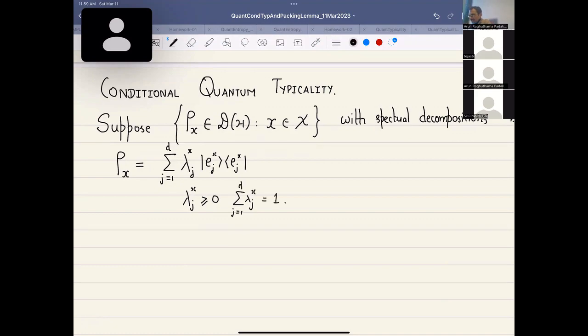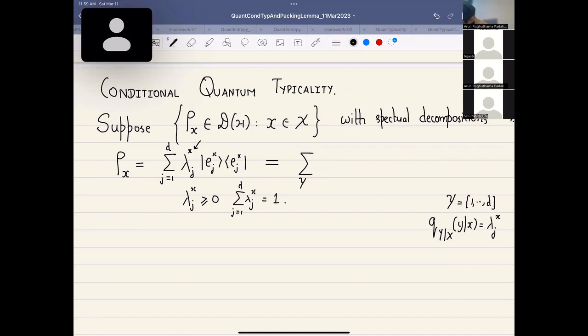So this we know. Instead of writing it like this, just to be consistent with the previous case, I'm going to call this y equal to 1 to d. And instead of calling this lambda j,x, instead of p, I'm going to use q, just for something that will come much later on. So I'll say q of y given x is your lambda j,x.